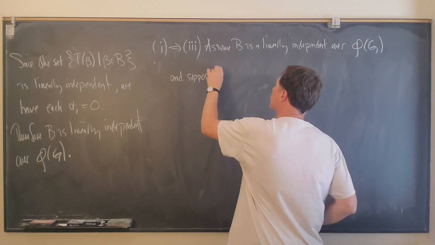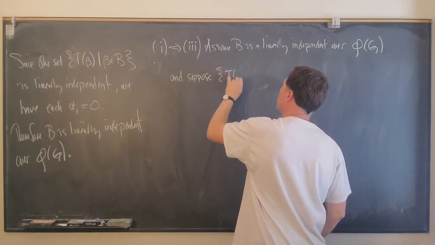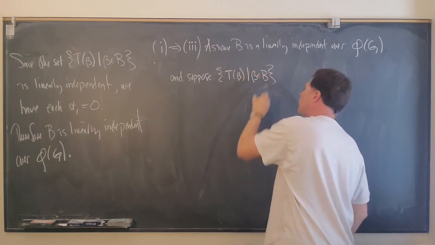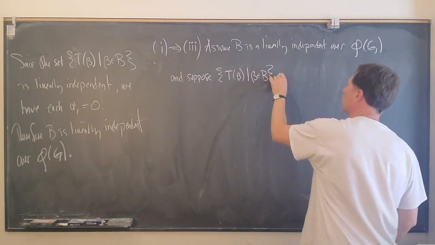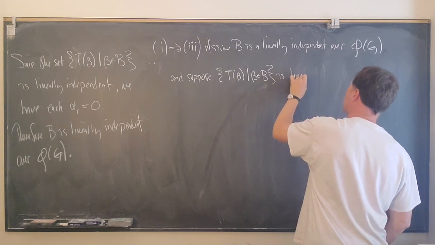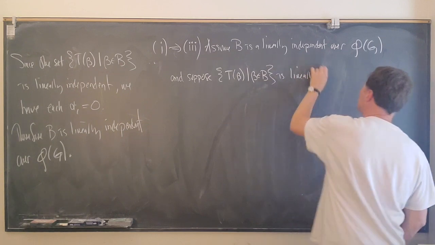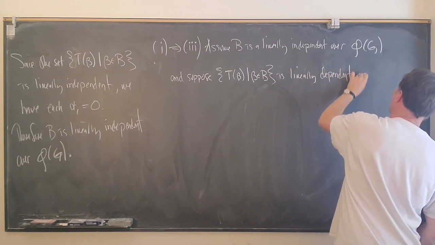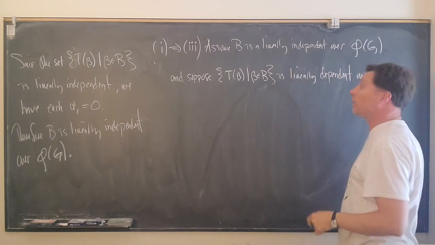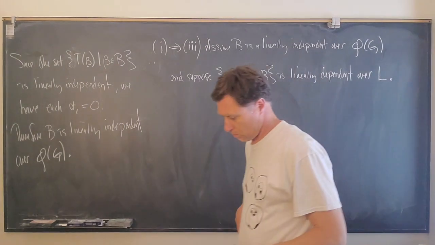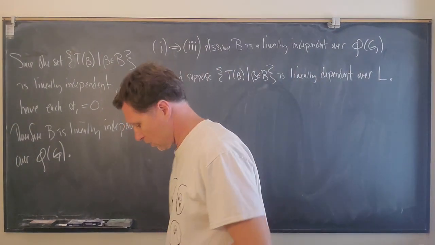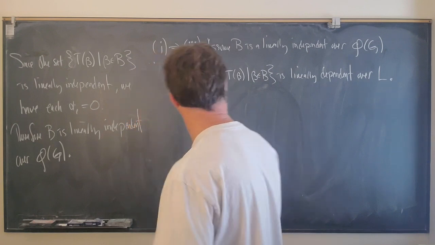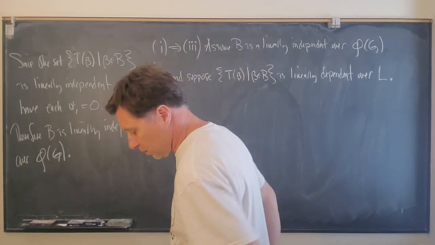So suppose that the set T of beta, where beta is in B, is linearly dependent when we use scalars coming from all of L. Okay, so then what does that mean?